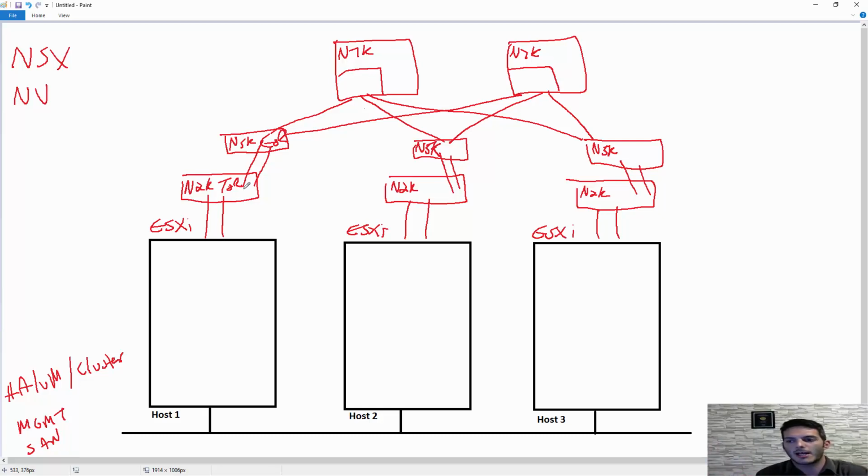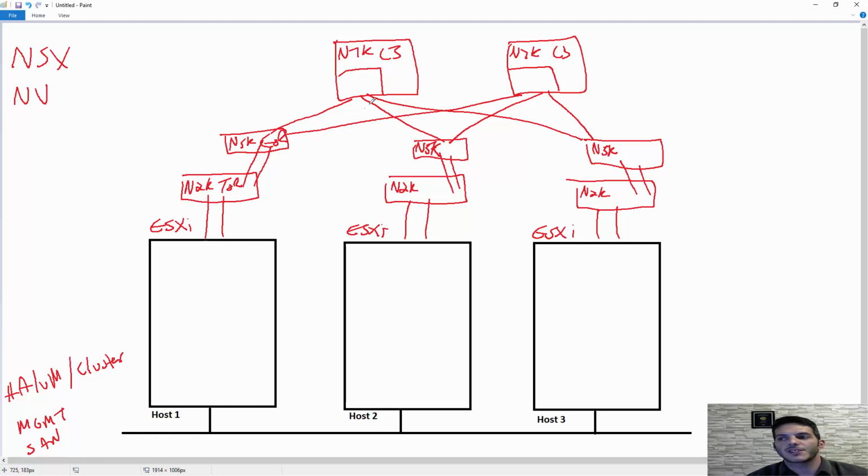Most of the time, they might have fiber cables that go in between the racks, inter-rack, but in most cases they're local to where the servers are. And then the 5Ks sit near where the 2Ks sit, and the 7Ks sit at the end of the row. This is actually our layer 3 gateway. Everything else that flows through here is all layer 2. And we do a bunch of VPC and FEX and things like that. So it's basically how everything is laid out.